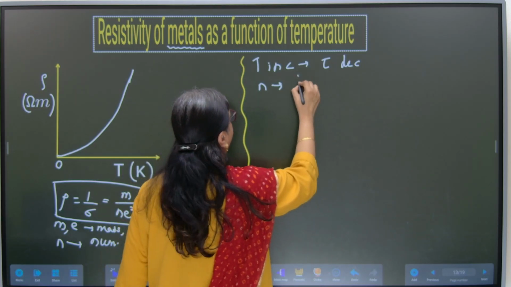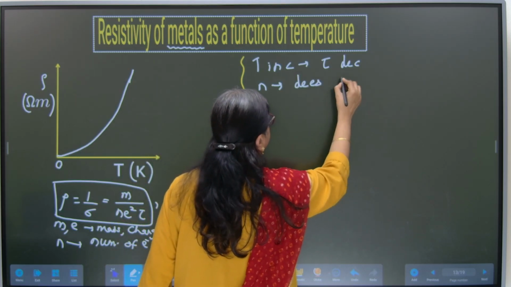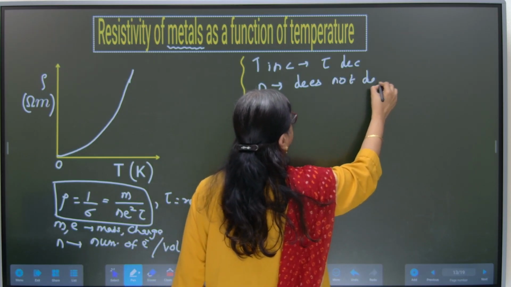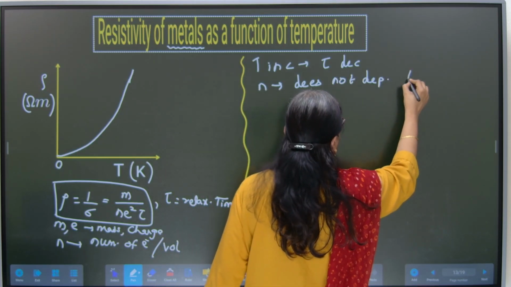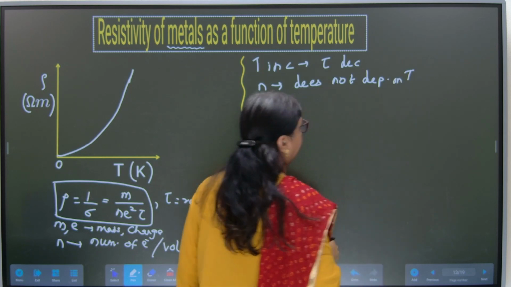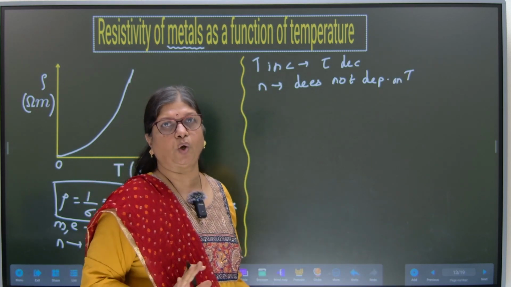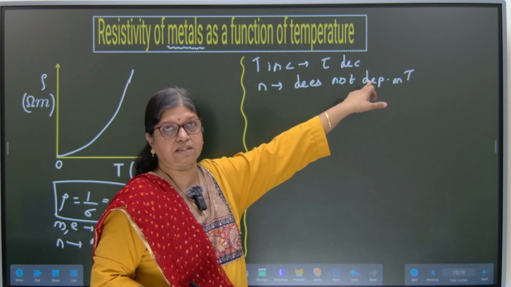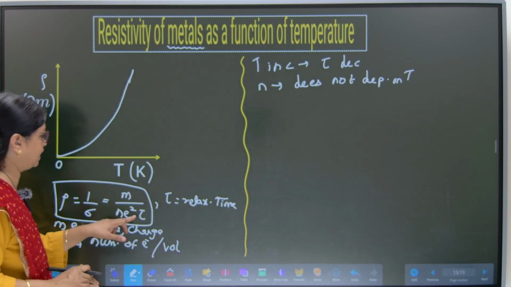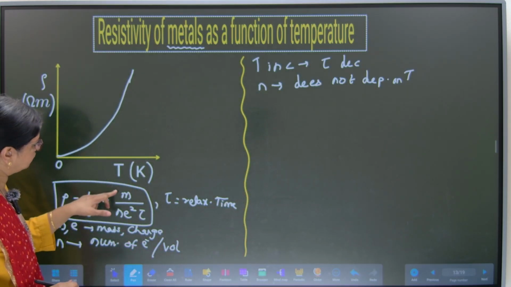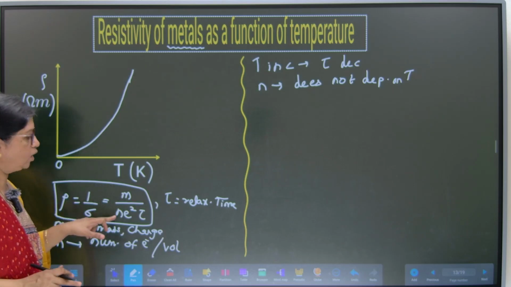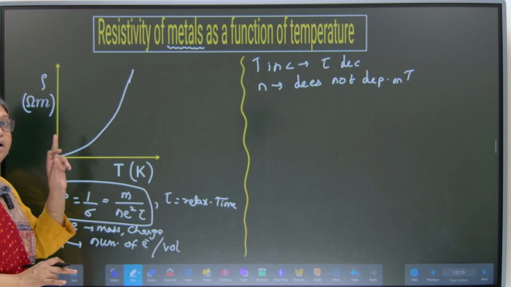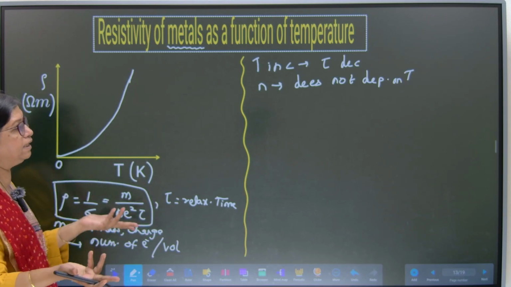It does not depend much on the temperature. Fine. So it nearly remains constant. So what do we have? We have tau decreases. If tau decreases, m is constant, n is nearly constant, e is constant, and if tau decreases, then rho increases.